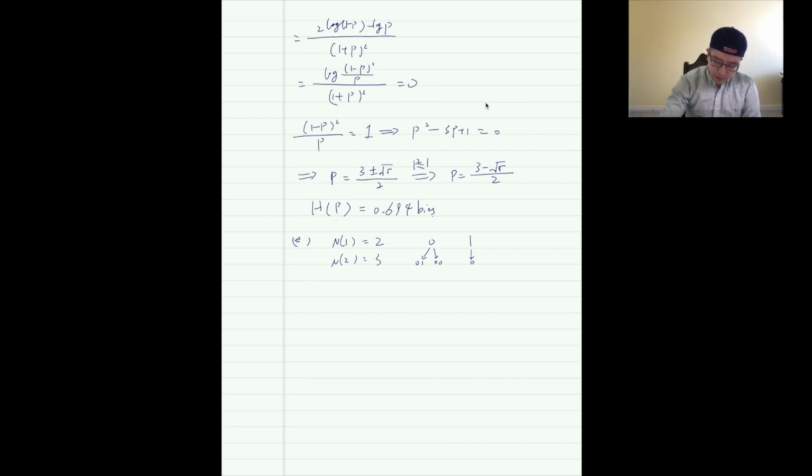right? And let's see how about n3. Similarly, from 1 we can only go to 0, but from 0 we can go to 0,0,1 and 0,0,0. And here should be 1,0, right? And here, because it's a 0 state, we can go to 1,0,0 and 1,0,1, and so on.